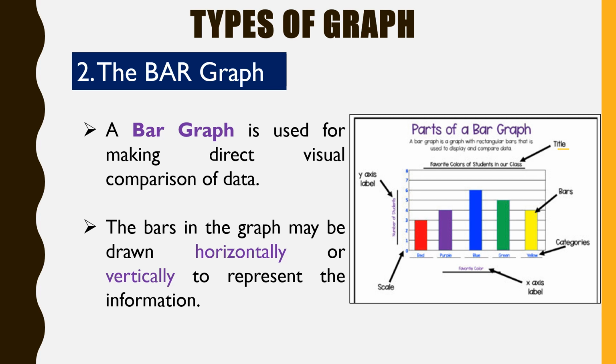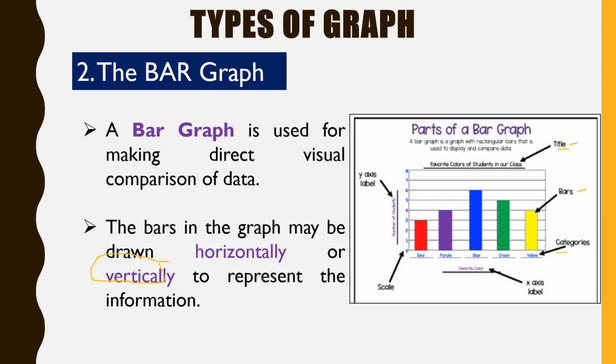We have the title. Once again, the title is very important because it is a way for us to determine what the graph is all about. We also have the bars. So in this example, these bars are drawn vertically.